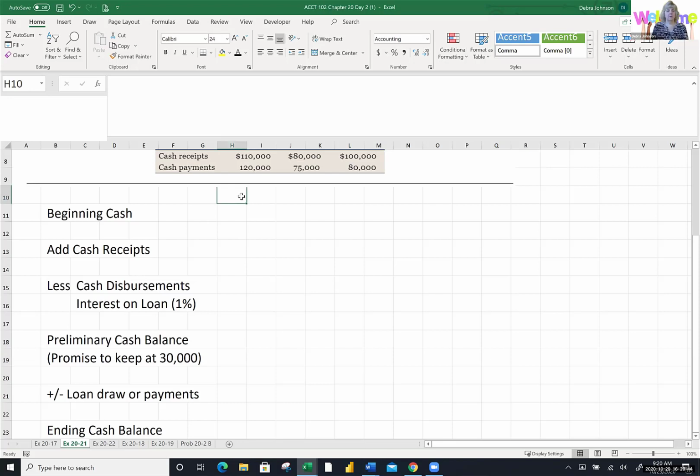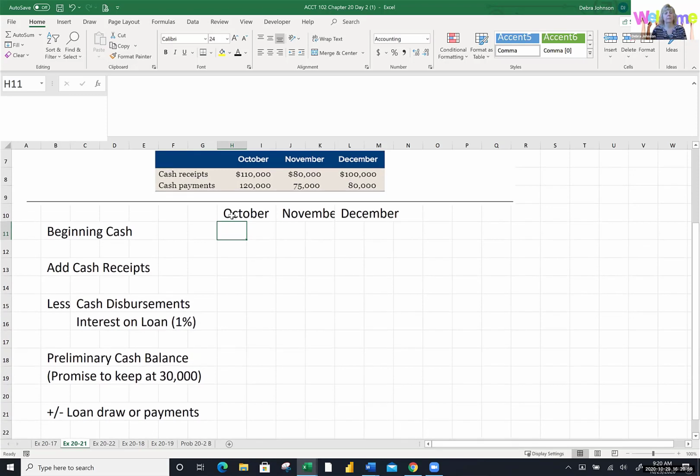So my 3 months on this one are October, November, December. As soon as I put some dollar values in here, these columns will probably widen. I'm going to go fill in the cash receipts and the cash disbursements because those are easy. They were given to us.